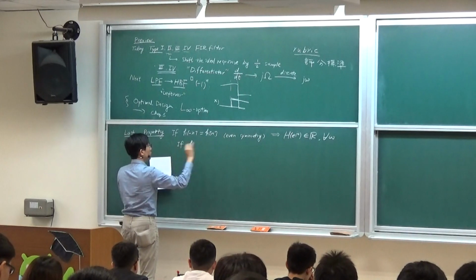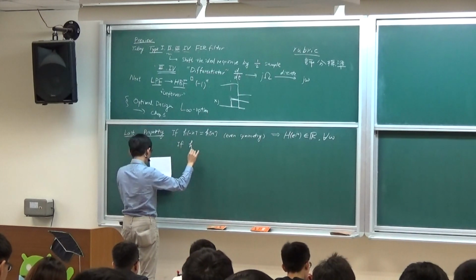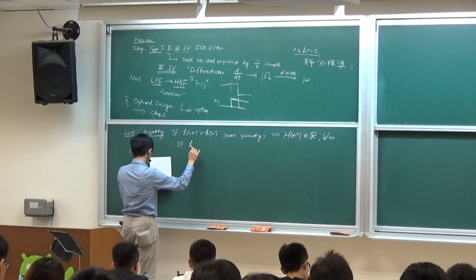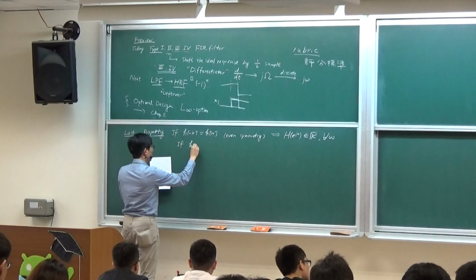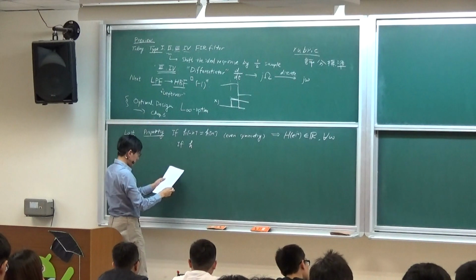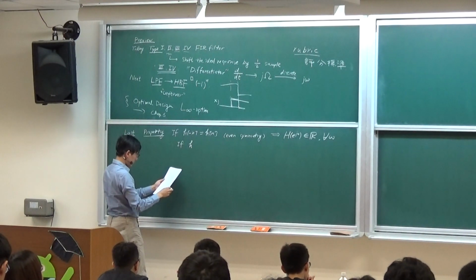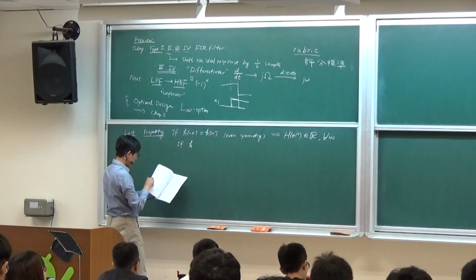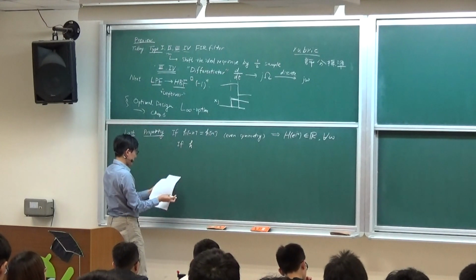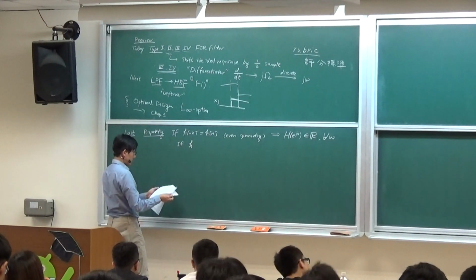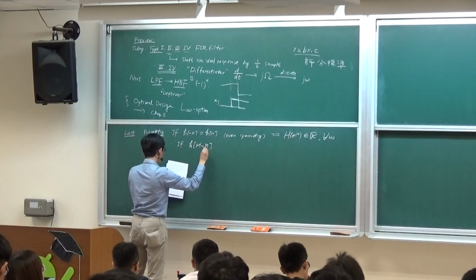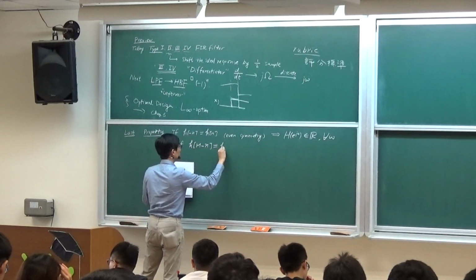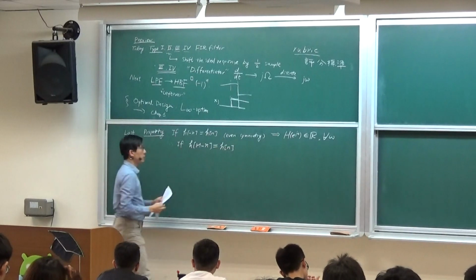So let's say we shift everything to the right by m samples. How many samples? So if we have this relation, there's still a symmetry.